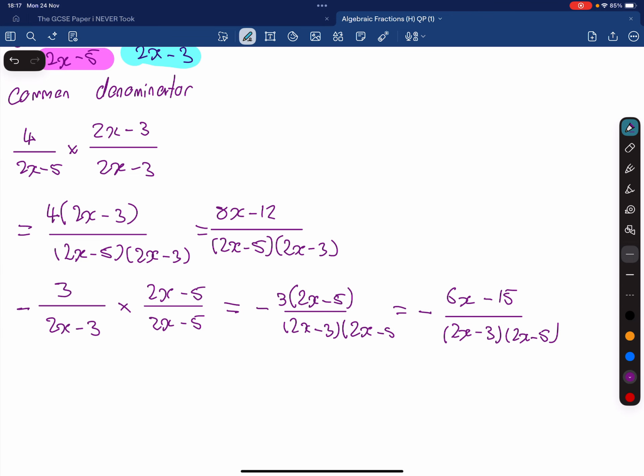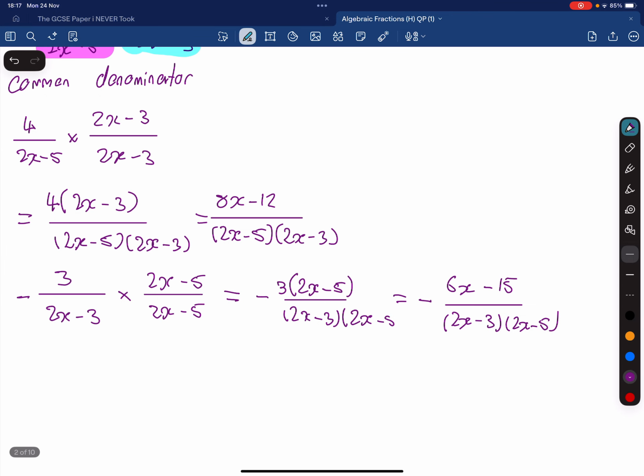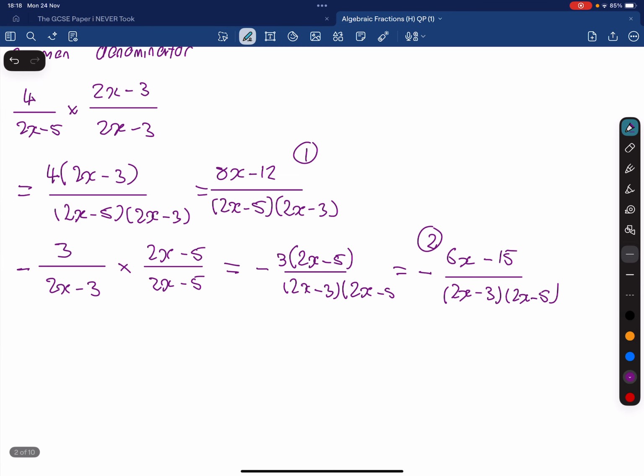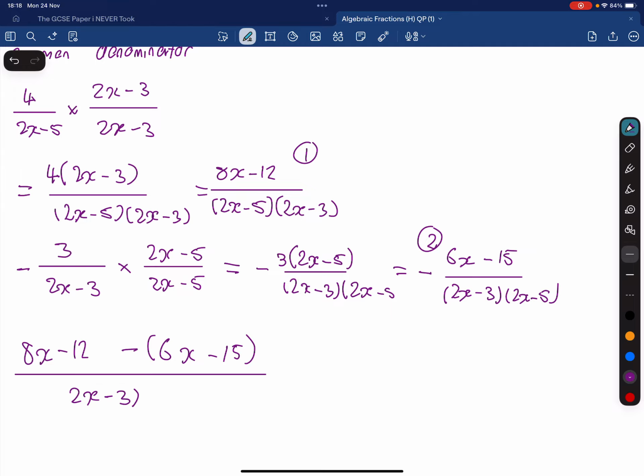Okay, so now what we've got is these two fractions. So we've got fraction 1, fraction 2. They've got a common denominator. So now what we need to do is we need to go 8x minus 12 minus 6x minus 15 all over 2x minus 3, 2x minus 5.